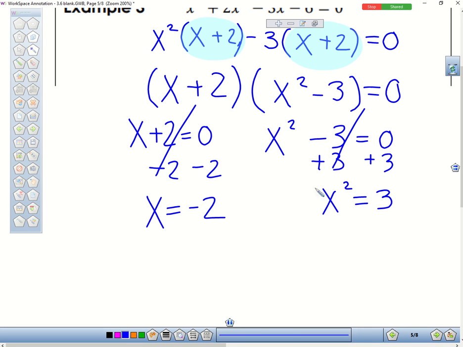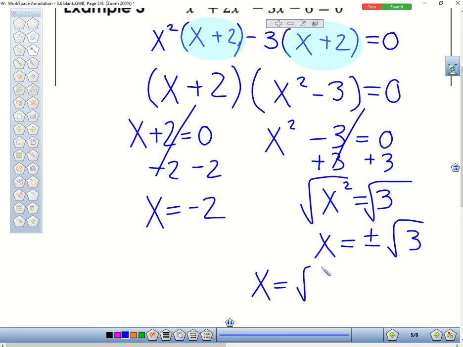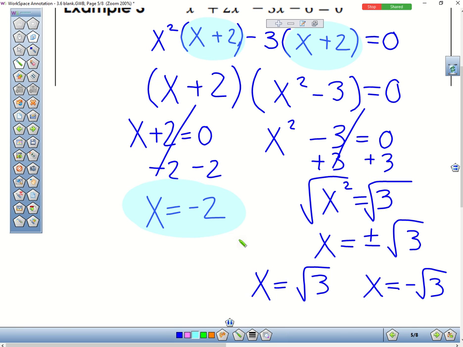What do I have to do to both sides of this? Square root. That gives me x equals plus or minus the square root of 3, which means my solutions are x equals -2 and x equals radical 3 and x equals negative radical 3. And these right here are our 3 zeros.